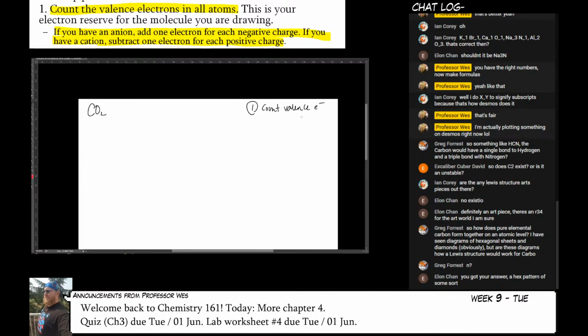And I'm going to write a brief summary of the rules on the right here, and we're going to follow these one at a time. So, for example, we're going to look at CO2. We're going to count its valence electrons. Each carbon gives you 4. Each oxygen gives you 6, and there are 2 of them. And so I would add these together, and I have this many valence electrons to play with.